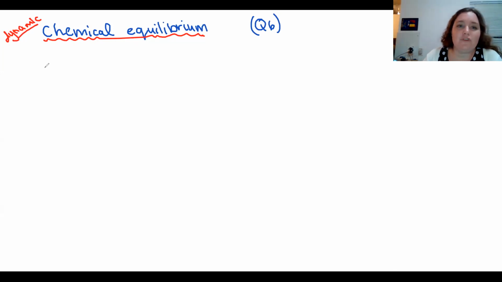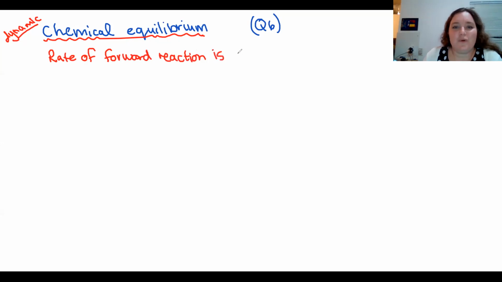So the definition of chemical equilibrium is it's a situation where the rate of the forward reaction is equal to the rate of the reverse reaction.